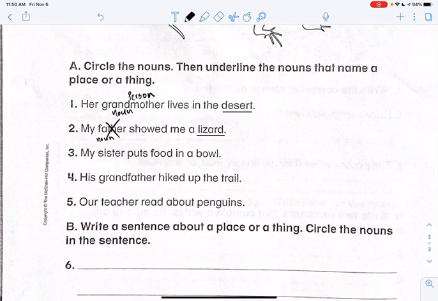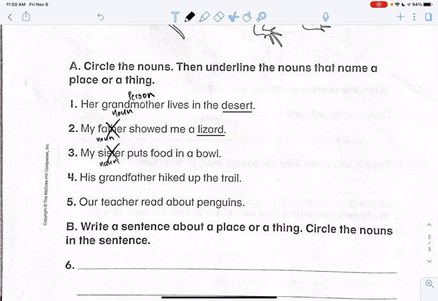My sister puts food in a bowl. Do we have any places or things in here? Of course, we have the person, but we don't need the person, even though that's still a noun.